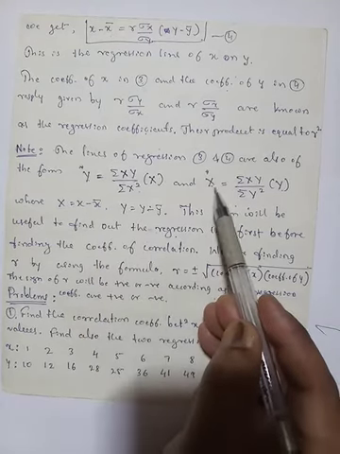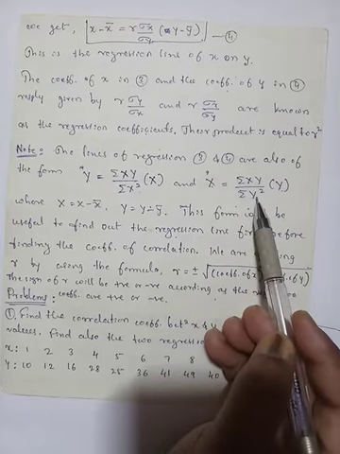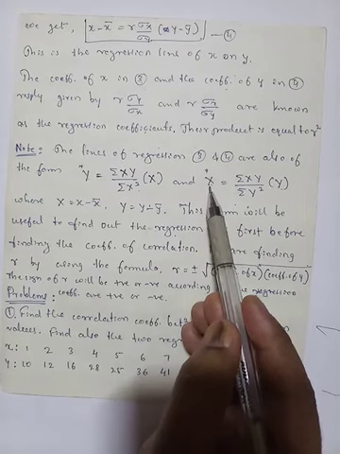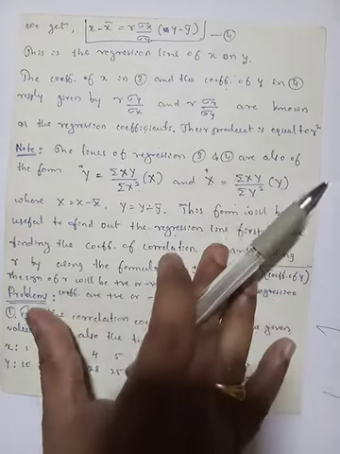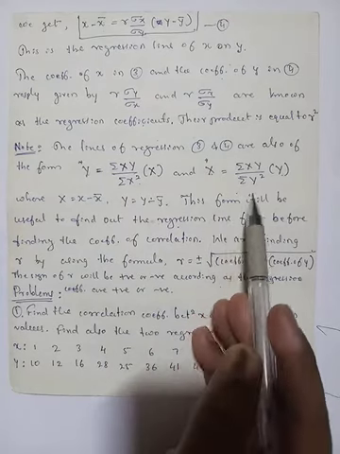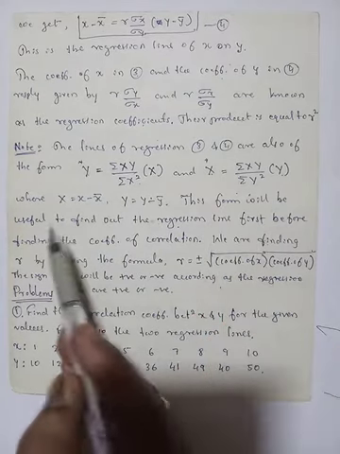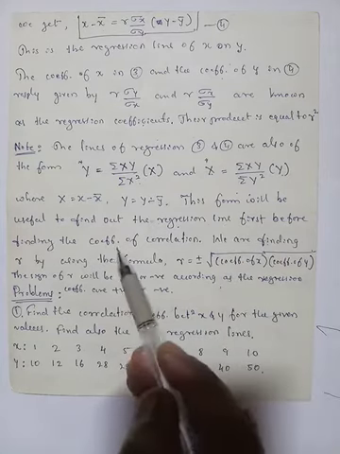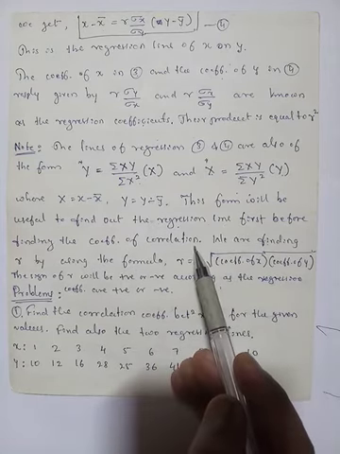And capital X equal to summation XY divided by summation Y square into capital Y. So this is the regression line of x on y. These are in a very simple form and very easy to remember. This form will be useful to find the regression lines first, before finding the coefficient of correlation.